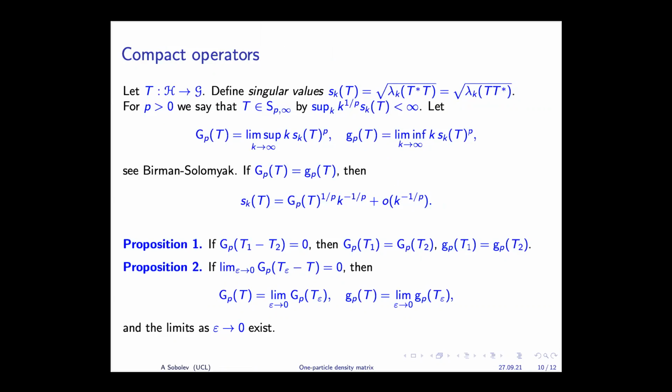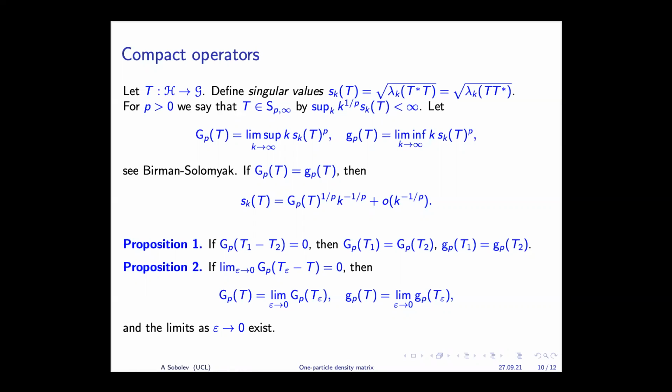Now, as I said, the basis for the whole analysis is the result by Birman-Solomyak about power-like decay of singular values of integral operators. But the theoretical tools are on this page.